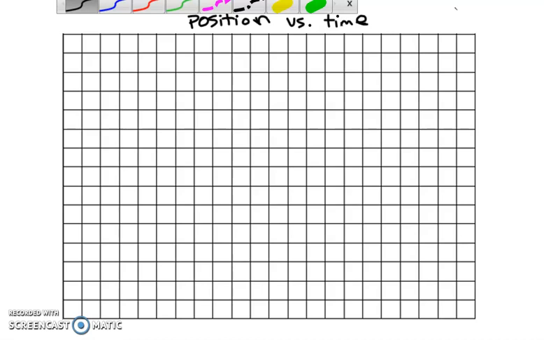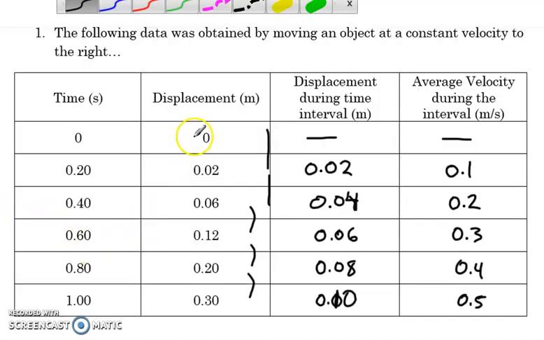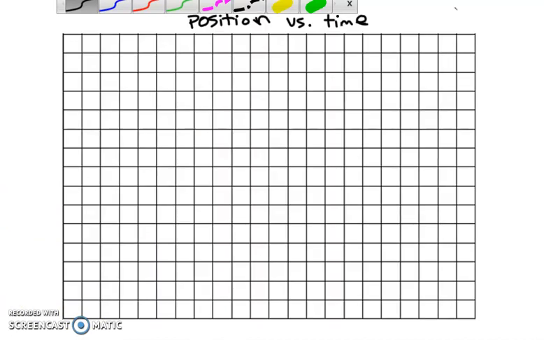The total displacement that we saw within that data goes from 0 to 0.3. So we're going to go from 0 up to 0.3, and the easiest thing is to make each of these 0.02, 0.12, 0.16. I am just filling in every other column, but that's all right. That makes the last one 0.38.